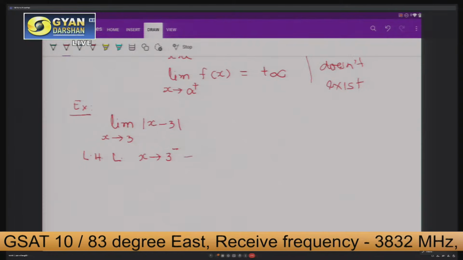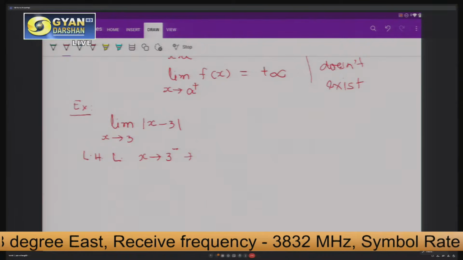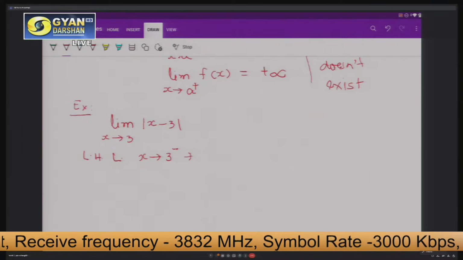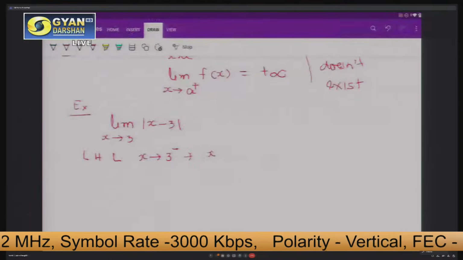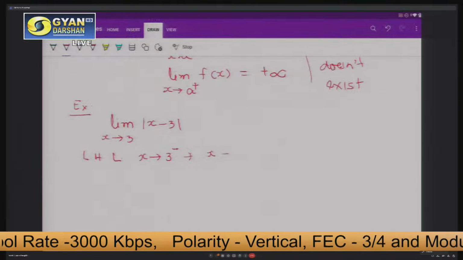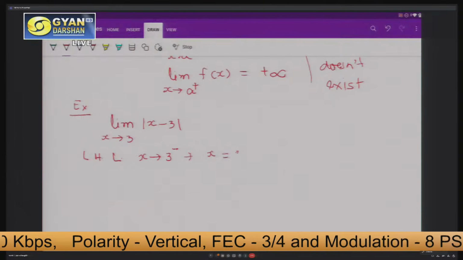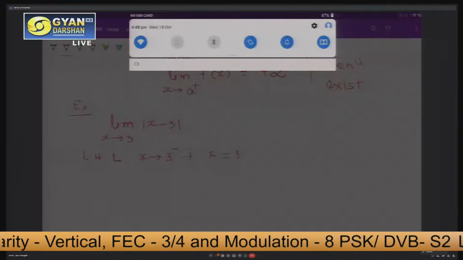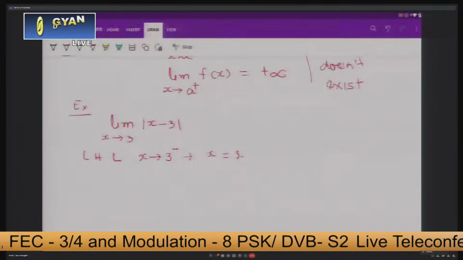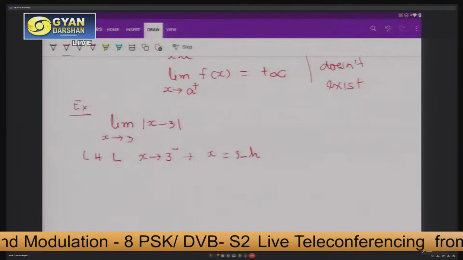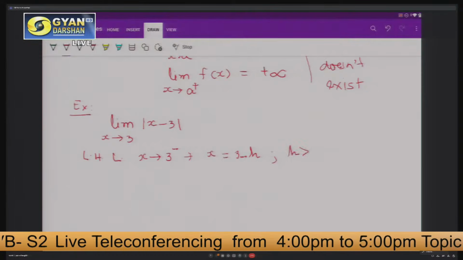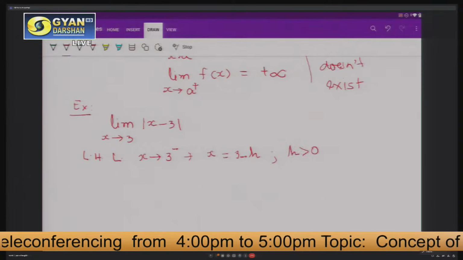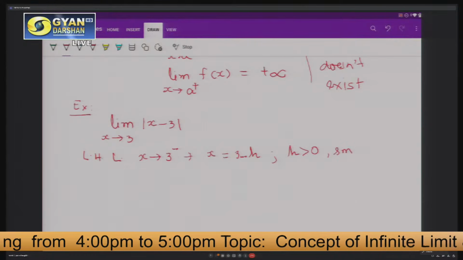So in that case we can take x is equal to, it is not equal to 3 but it is slightly less than 3, 3 minus h, where h is a small quantity, h is greater than 0, small.